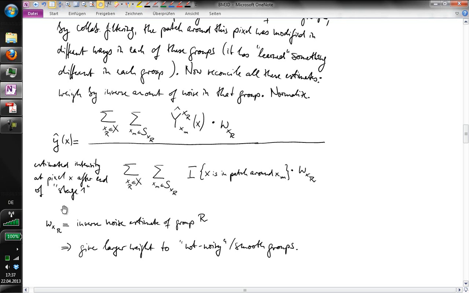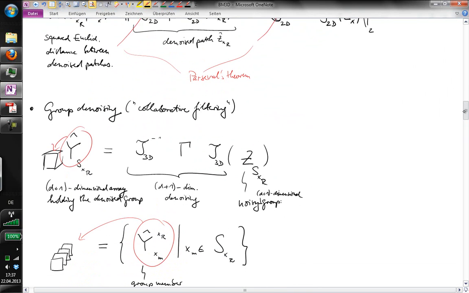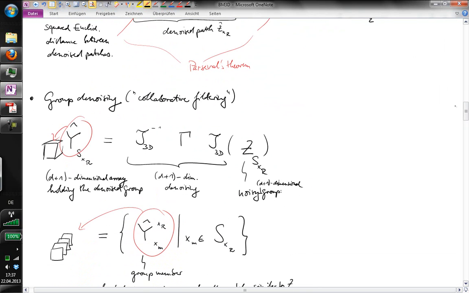So in a way, this aggregation is a technical detail. The really, really important idea in this entire paper is this collaborative filtering.